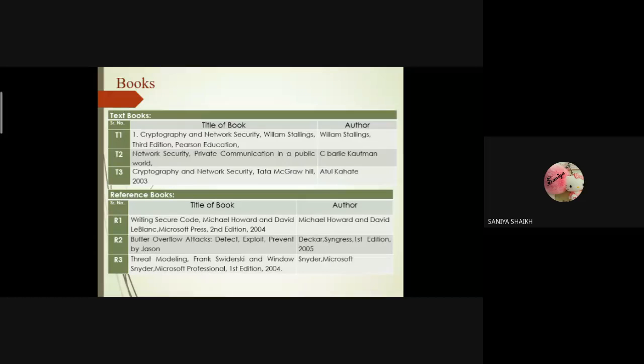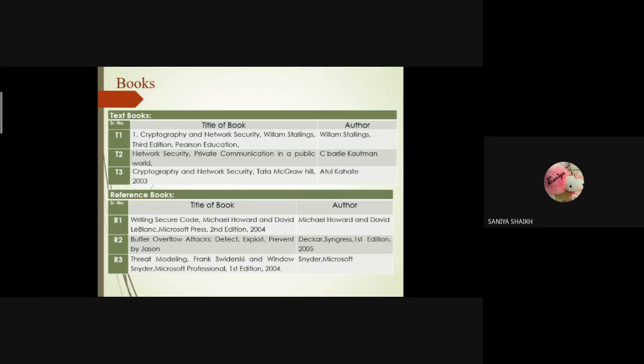Okay, so we have a total of 6 units. In these 6 units, we need to understand the concept of network security. These are the various reference books. Out of these books, we have to refer to two textbooks. The first one is Cryptography and Network Security by William Stallings, and another is Cryptography and Network Security by Atul Kahate.